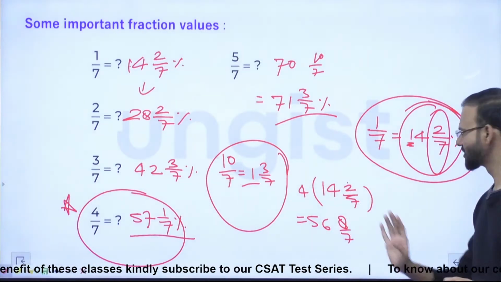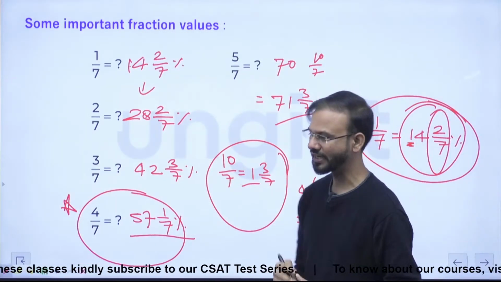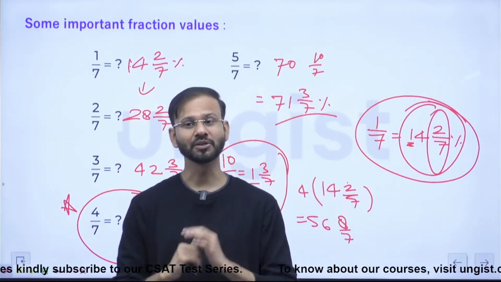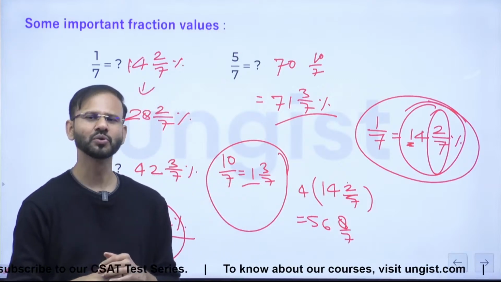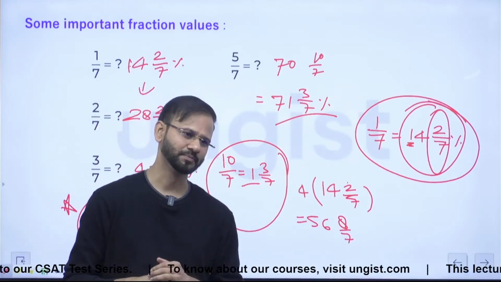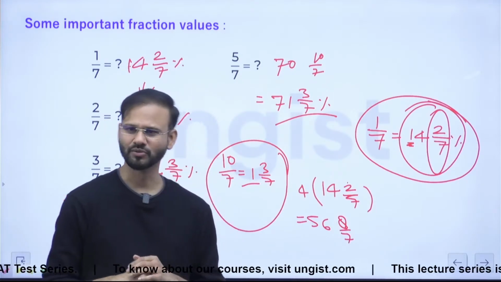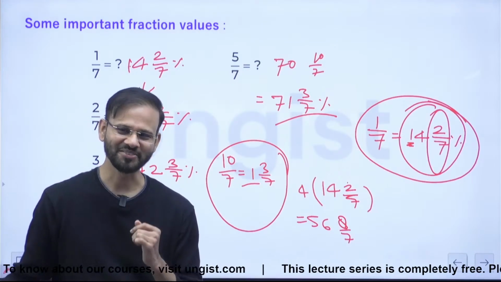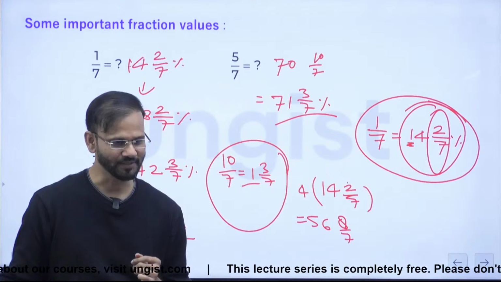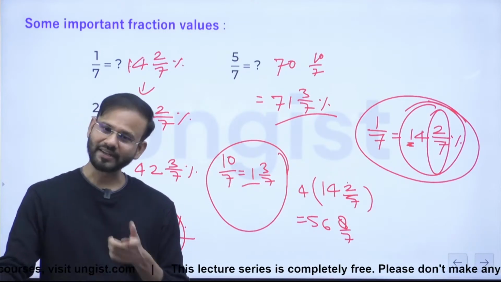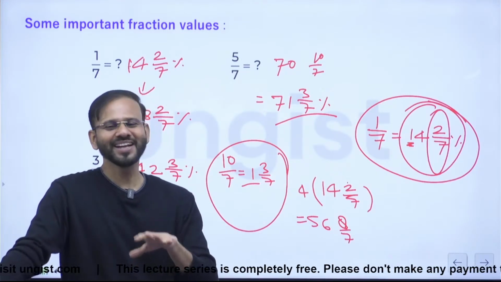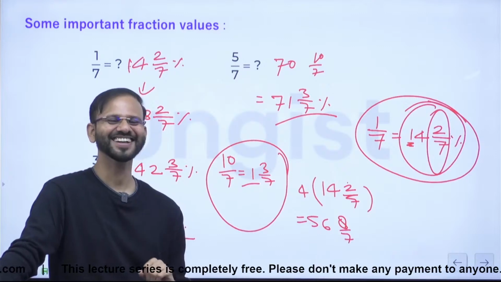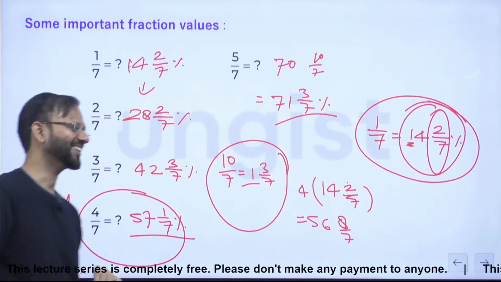So this is not the problem, but yes, it is advisable कि अगर आपको पहले से पता हो. Suppose you don't know what 17 into 7 is, you can do it in the examination, no problem in that. But if you know directly what the value of 17 into 7 is, guys? 119. Yeah. So if you know it directly, in the examination it will give you an edge. Okay, everyone, fine? Okay, chaliye.